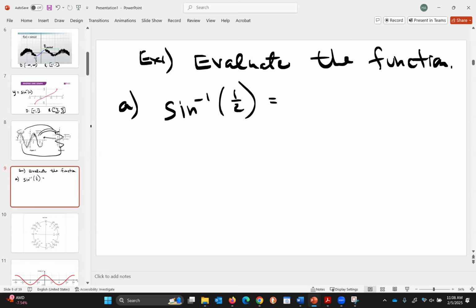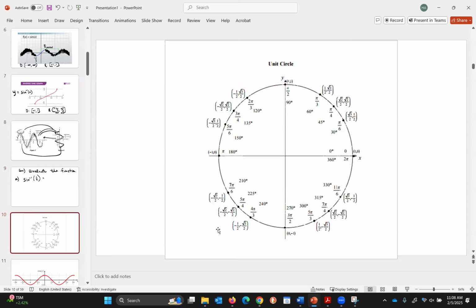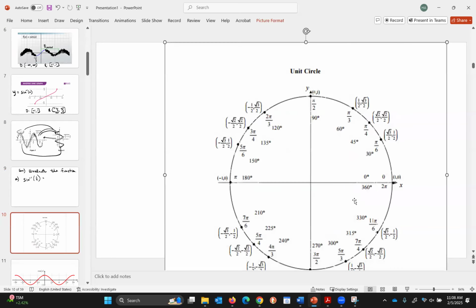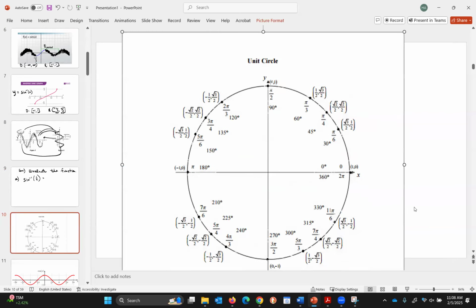Now you almost need a unit circle unless you've memorized it by now. You're thinking, what y value is coming across? At what point does it give me a 1/2?